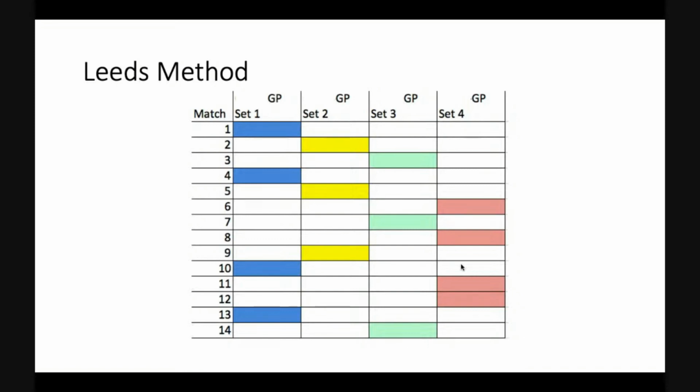So in this example, I've got blue as the first match. And then you're looking at the shared matches, and you're putting a blue color on any of their shared matches. So in this instance, you've got number 4, number 10, and number 13 as being shared matches of number 1.